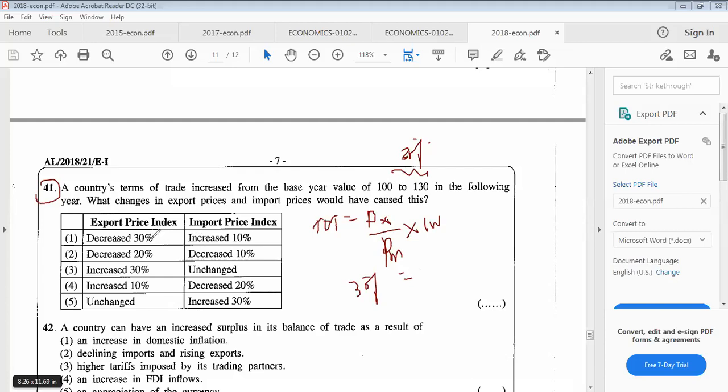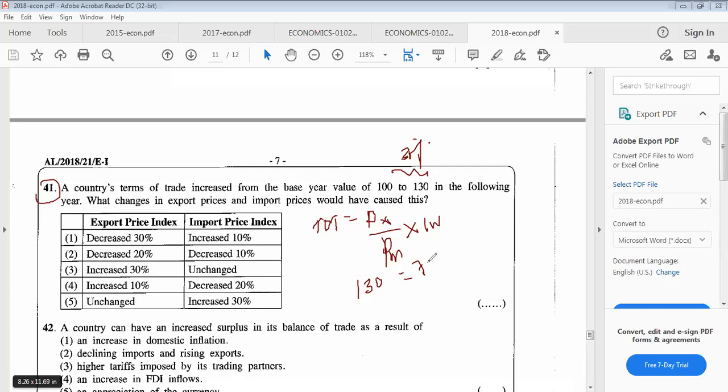See this, you have to calculate for each. Export price decreases by 30% means it's 70. So here it should be 130. No, we are not writing as 30%, we are writing as 130. Then for this 130, how much comes there?